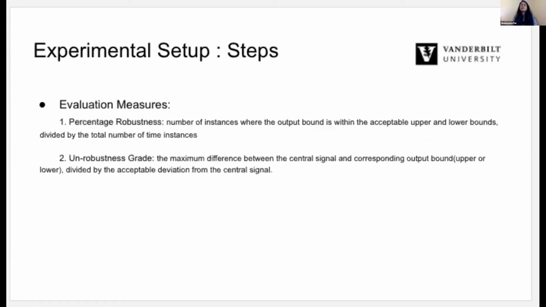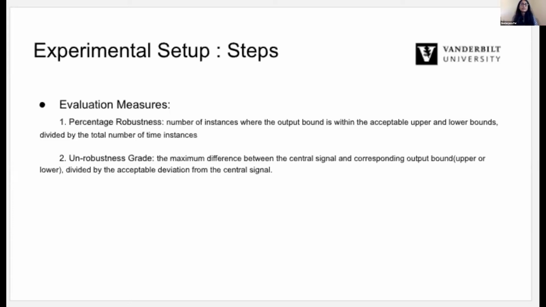Here we try to define two evaluation measures. One is percentage robustness, which can be defined as the number of time instances where the output bound is within the acceptable upper and lower bound of the controller, divided by the total number of time instances in this particular window.